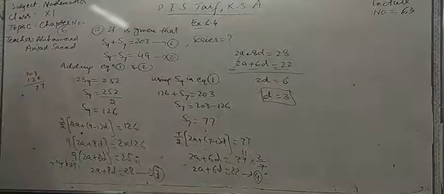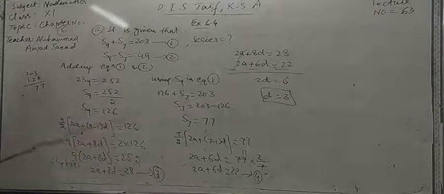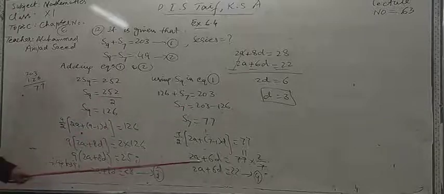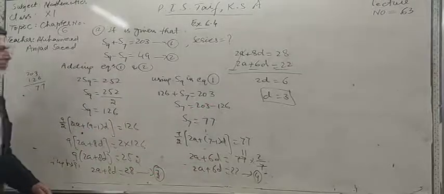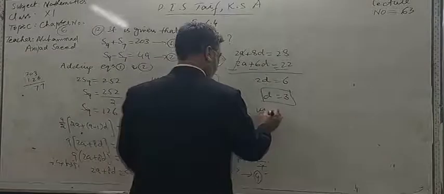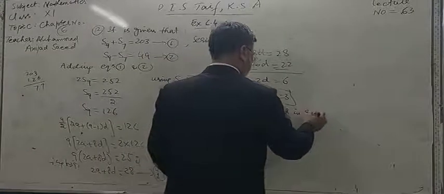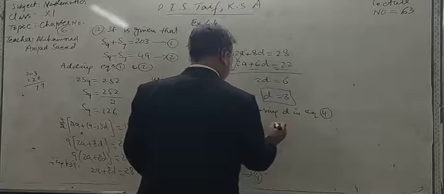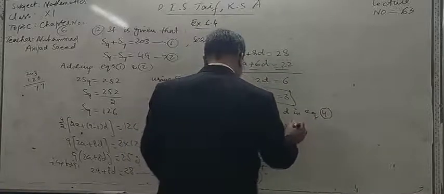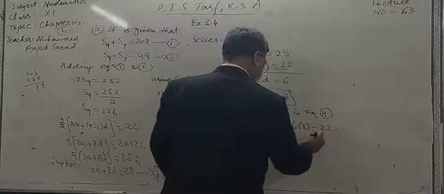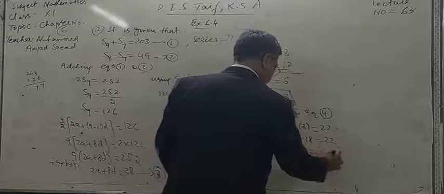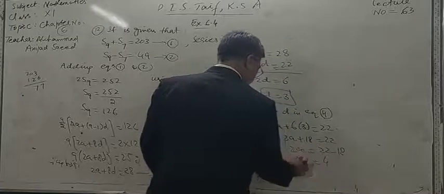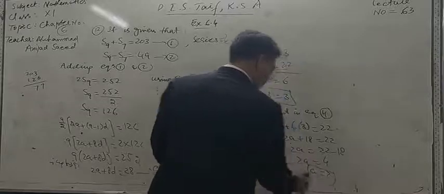Now, using this d in equation number 4 to find the value of a. 2a plus 6 into 3 is equal to 22. 2a plus 18 is equal to 22. 2a is equal to 22 minus 18. That will be 4 and a is equal to 2.